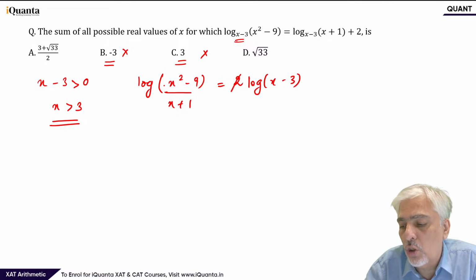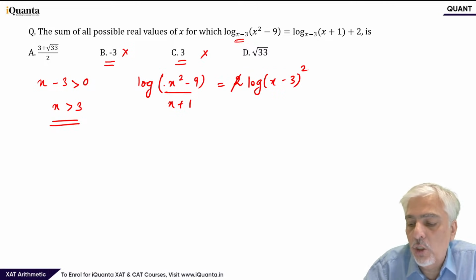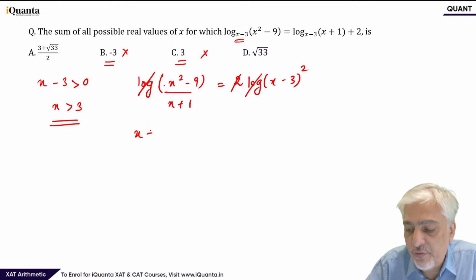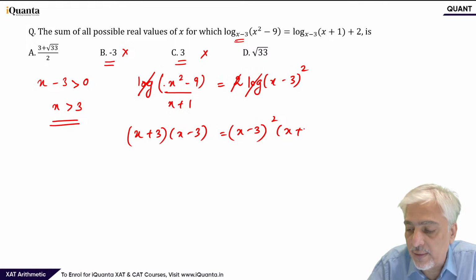So this 2 goes on top. This becomes square. Log goes out. After the first two steps, the log is gone out of the question. So we are left with (x plus 3) into (x minus 3) is equal to (x minus 3) the whole square into (x plus 1).